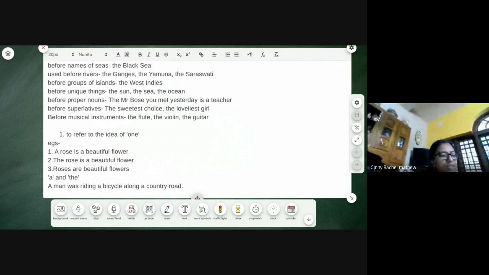Now we go to sentence number two. We have to refer to this same man. So would we say a man was riding a bicycle along a country road, stopped at a hotel or a restaurant?